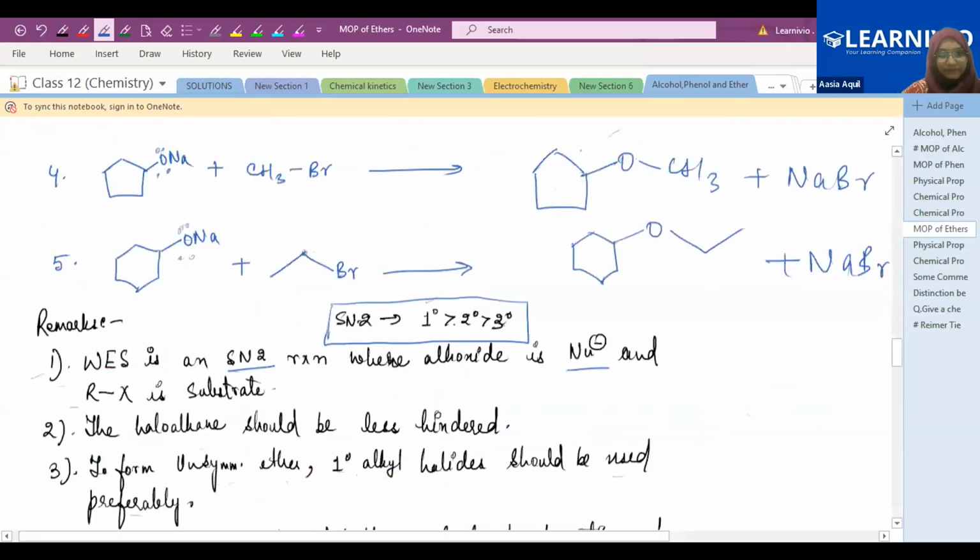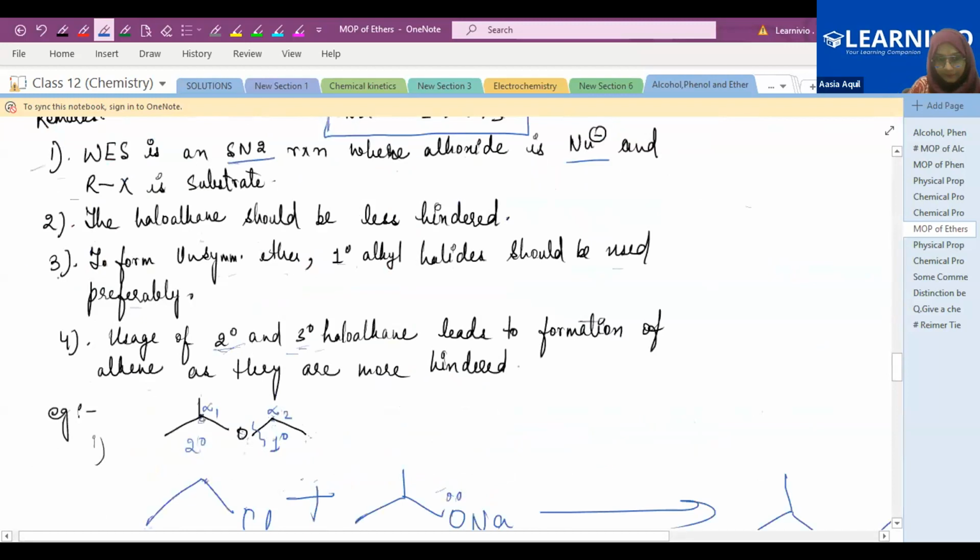See this point. To form an unsymmetrical type of ether, or for the symmetrical type of ether के लिए भी, primary alkyl halide should be used preferably. If you use secondary and tertiary haloalkanes, it will lead to the formation of alkene as they are more hindered.